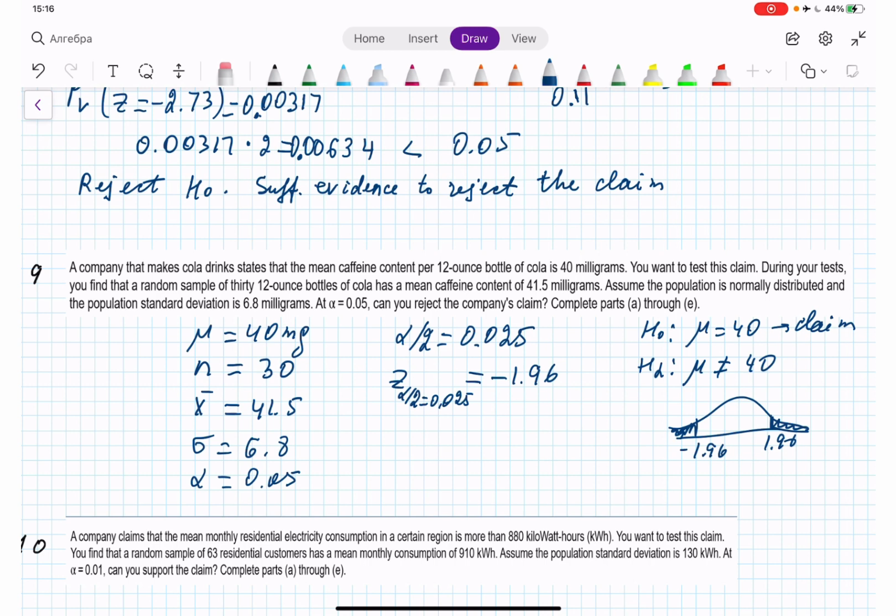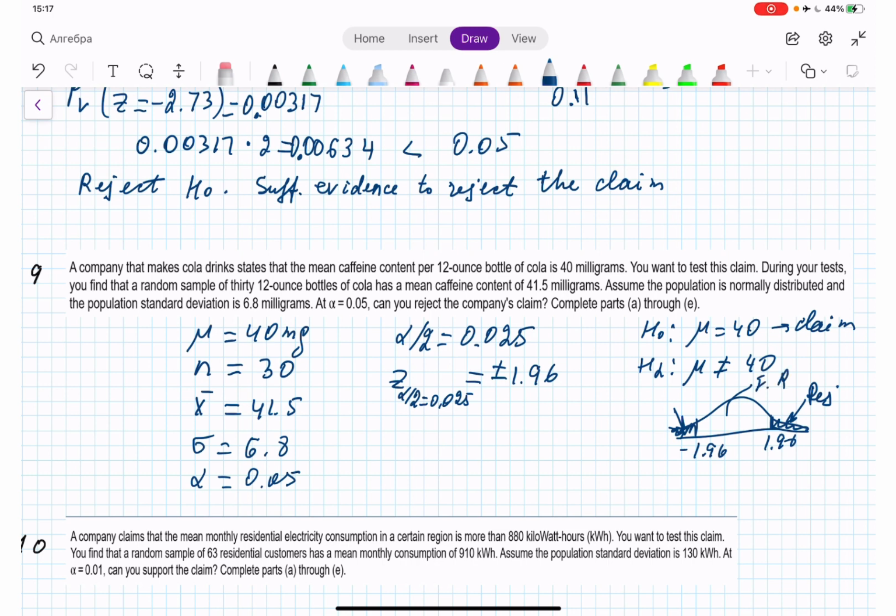So I can put plus minus 1.96. Okay, now next we need to identify the rejection area. So since we have plus minus 1.96, these blue shaded colors are going to be the rejection area, and this one is going to be the fail to reject area.